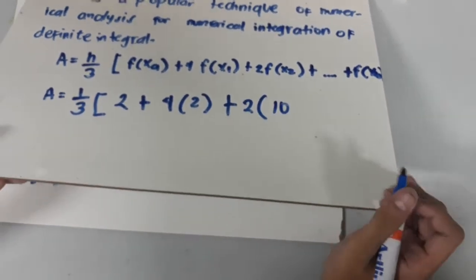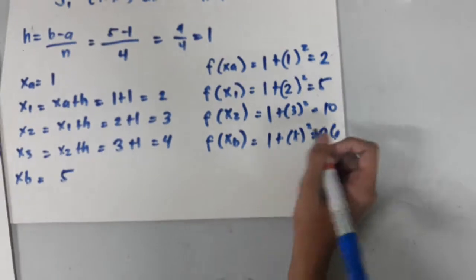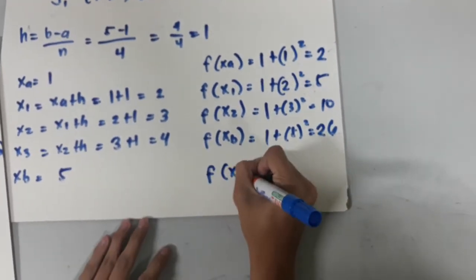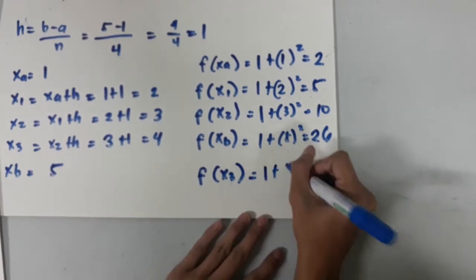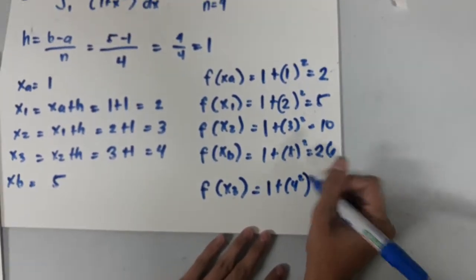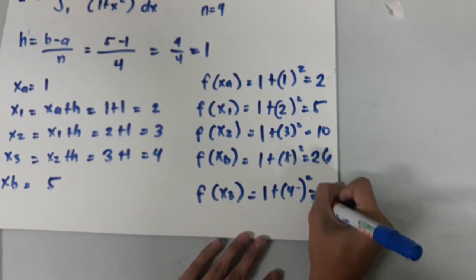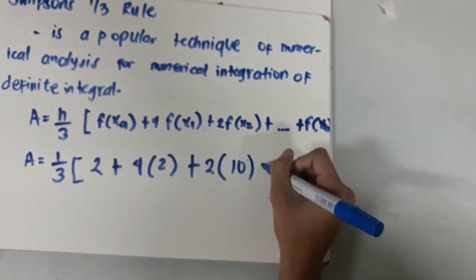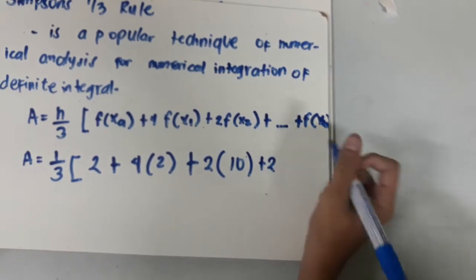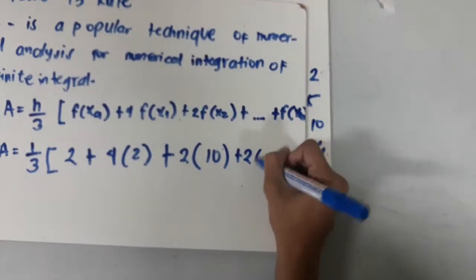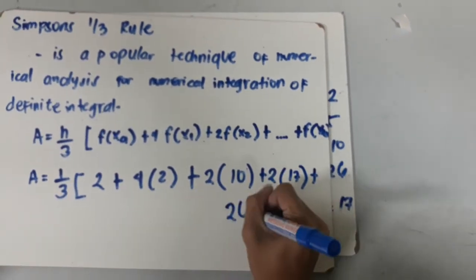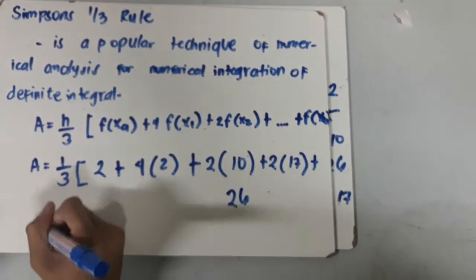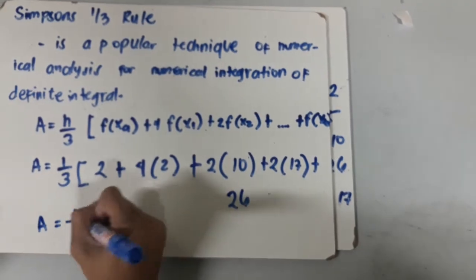Then for x sub 3, I forgot to compute the value for f of x sub 3. So f of x sub 3 is equal to 1 plus 4 squared, and 4 squared is 16, so it is 17. Then 2 times 17, then plus 26 for the value of f of x sub b. So our A is equal to 1/3.